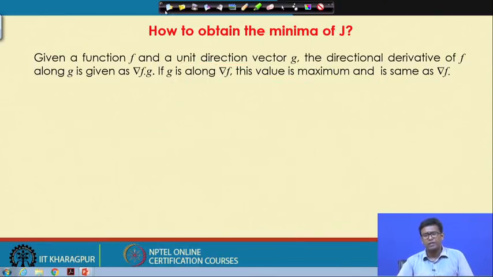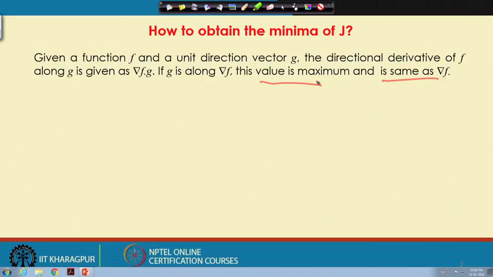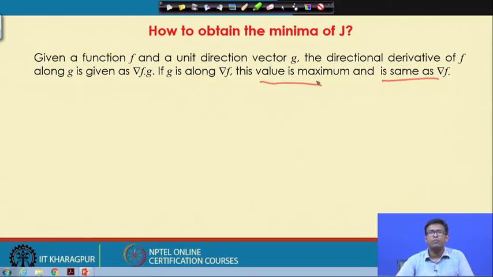So, given a function f and a unit direction vector g, the directional derivative of f along g is grad f dot g, and grad f gives the maximum rate of change of f along any direction. The change is maximum along the direction of grad f, and the maximum value is the magnitude of grad f.